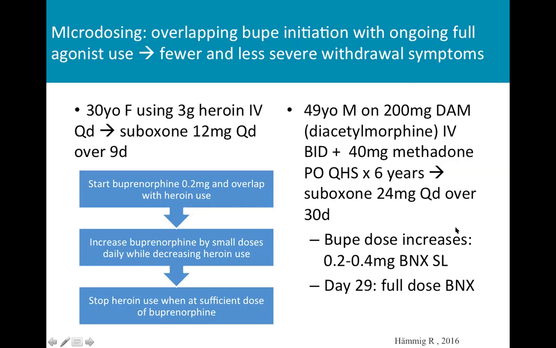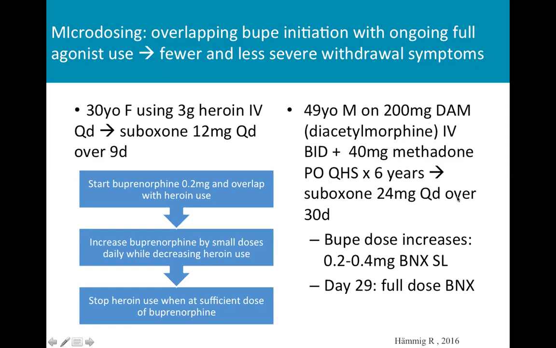And then there was another patient, a 49-year-old gentleman, who was on quite a large amount of opioids, so a high OME: 200 milligrams of heroin agonist treatment for OUD, IV twice a day, plus 40 of methadone once a day, stable on this regimen for 6 years.